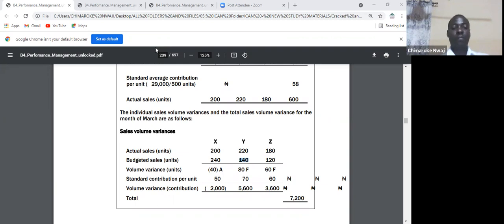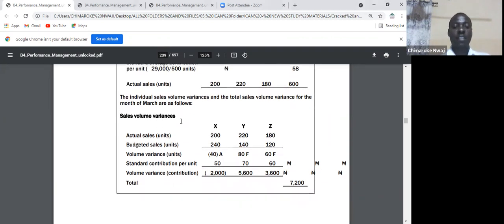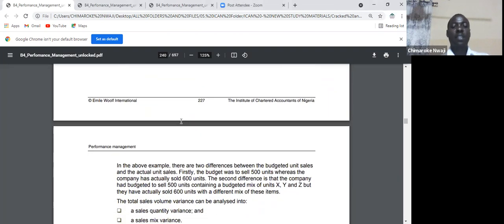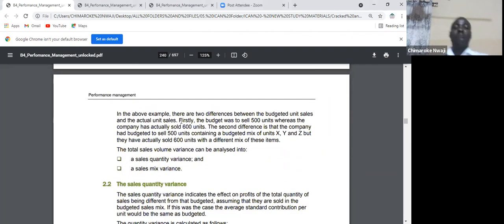Okay, so having done that, let's look at this explanation here. In the above example, there are two differences between the budgeted unit sales and the actual. First, the budget was to sell 500 units, and now the company actually sold 600. Second difference is that the company had budgeted to sell 500 units containing a budgeted mix of units X, Y, Z. So they have quantity they have budgeted to sell of each.